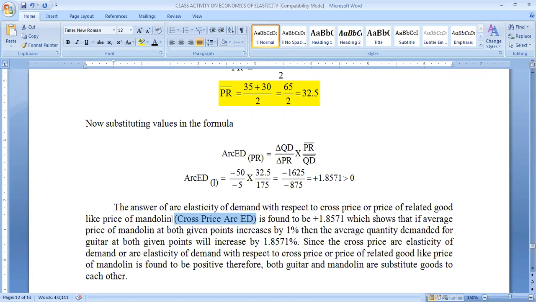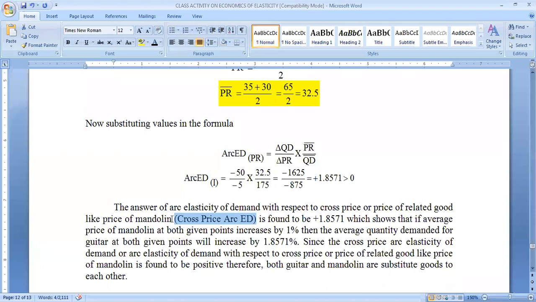In the earlier discussion, I've already told you that if the cross price elasticity of demand for two goods is positive, then the two goods are said to be substitute goods. For instance, if Madeline has become expensive in the market, then the users of Madeline will switch towards the consumption of guitar.